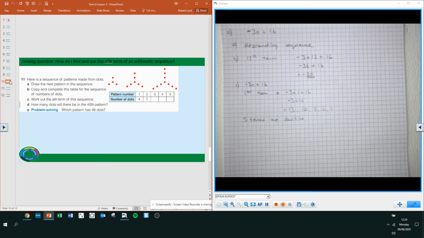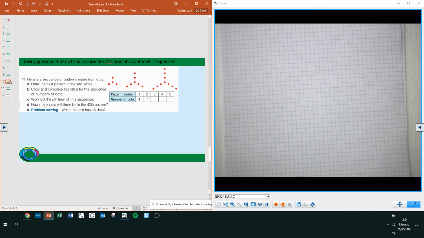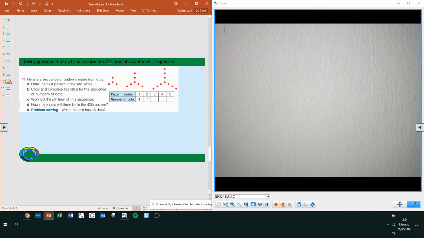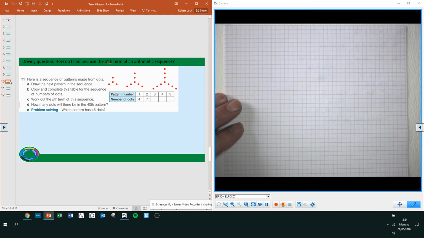Here's a sequence of patterns made from dots. Pause the video, answer the questions. Draw the next pattern in the sequence. We've got first one, second one, third one.